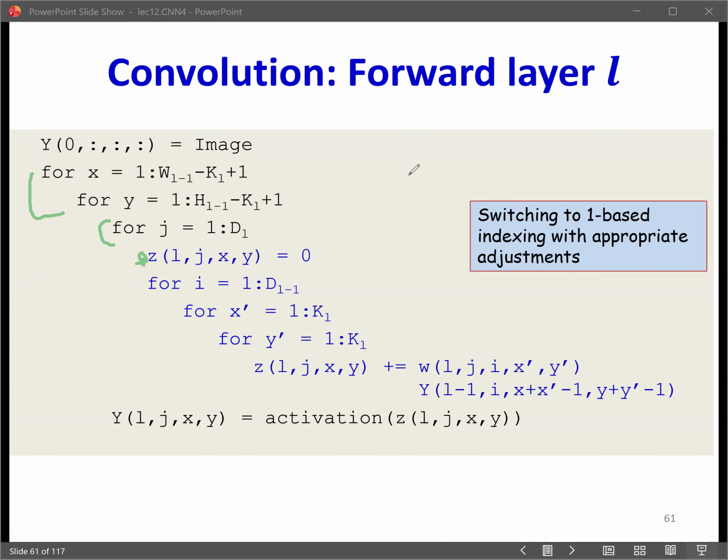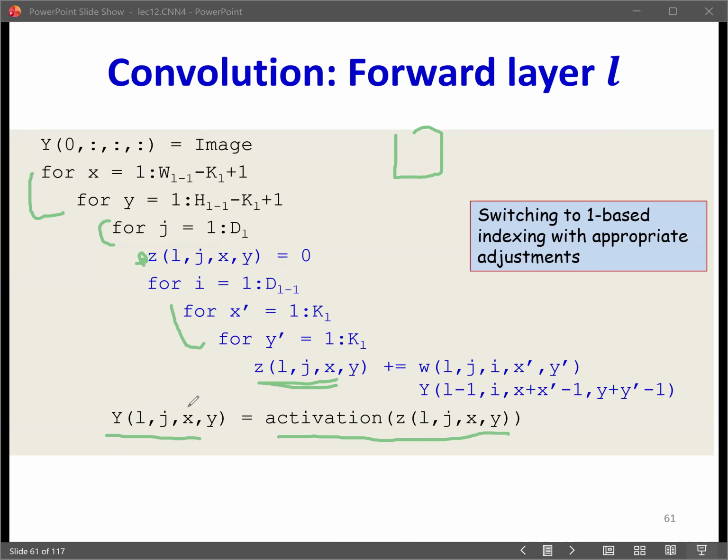Then at each position, I'm going over the filter, and within the filter, I'm just adding the w times the y from the previous layer to z. So this operation finally gives me a z at every position. The y itself is just computed by applying an activation to it.